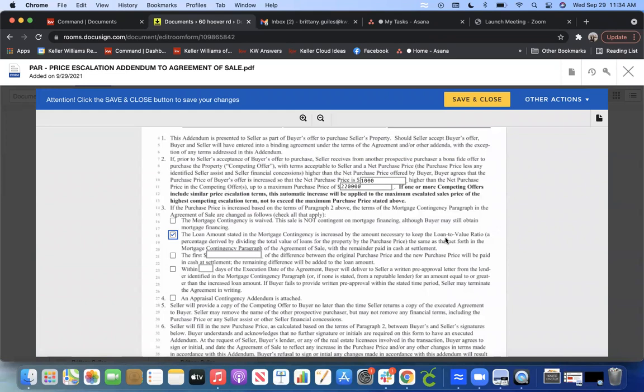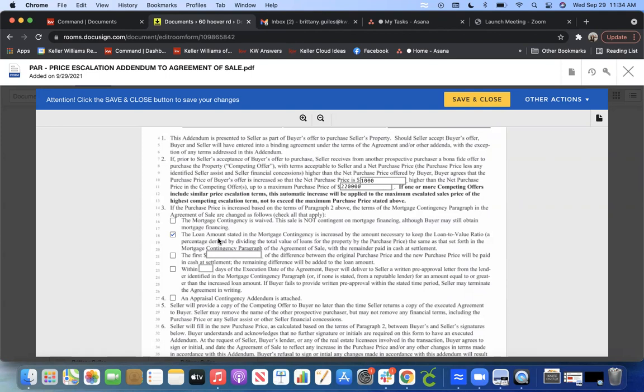So if the bank says, yep, you're pre-approved for $300,000, but you've got to put 20% down, even though they're only going to get $211,000 in this scenario, they still have to put 20% down because that's what their pre-approval said. So you're going to say, hey, I'm going to increase that mortgage contingency loan amount so that the loan to value ratio remains the same.